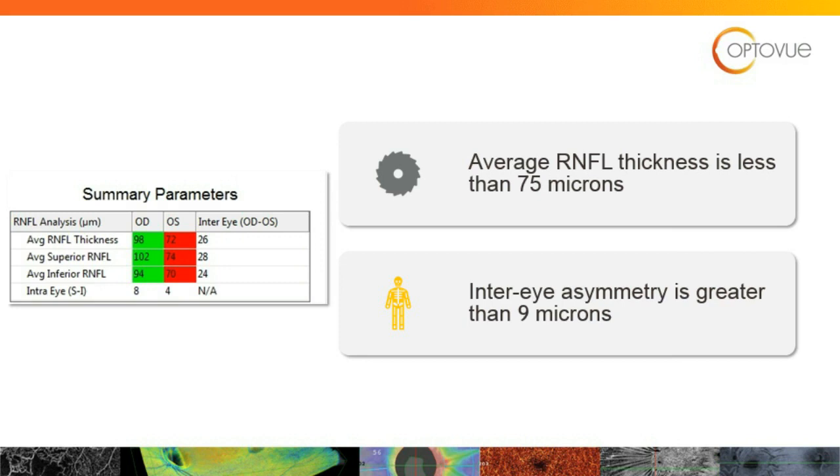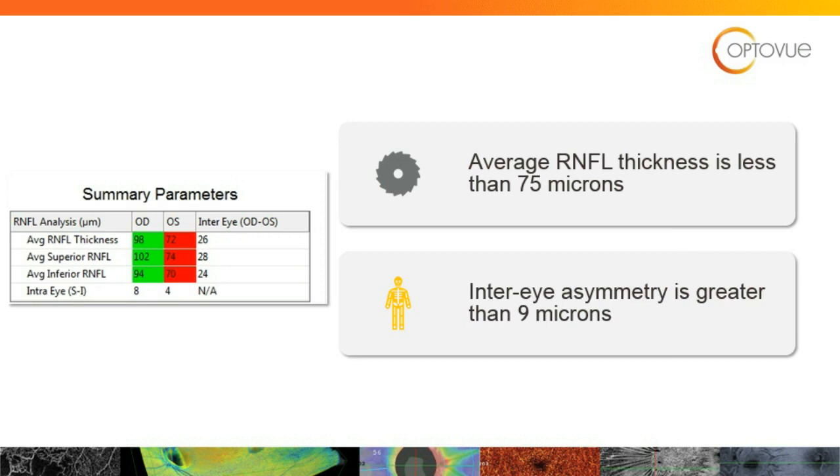And so, if we go back to the top part where we say, hey, if it's less than 75 microns, really be concerned about that, or at least have it raise a red flag. In this particular case, the left eye nerve fiber layer thickness is definitely raising that red flag.